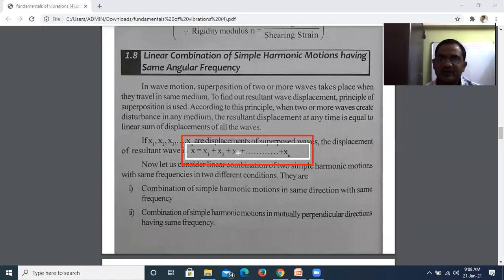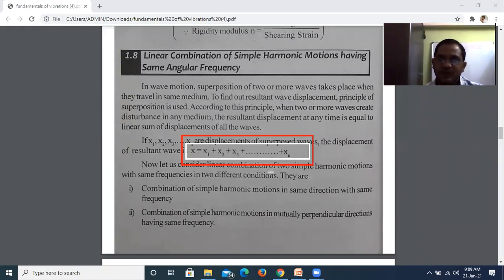Suppose these waves are traveling in the same direction, then the magnitude of the resultant wave displacement is simply the algebraic sum of their individual displacements, x1 plus x2 plus x3 and so on, xn. This is called the principle of superposition. So let me repeat.